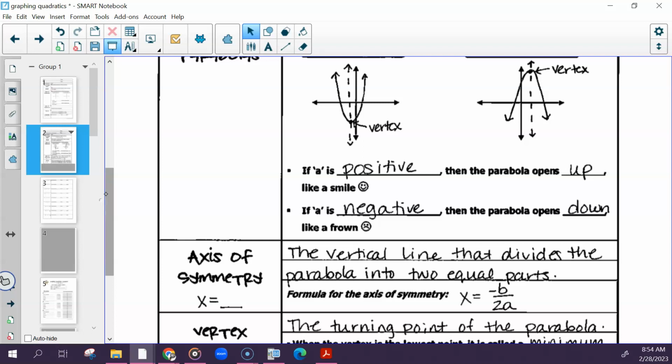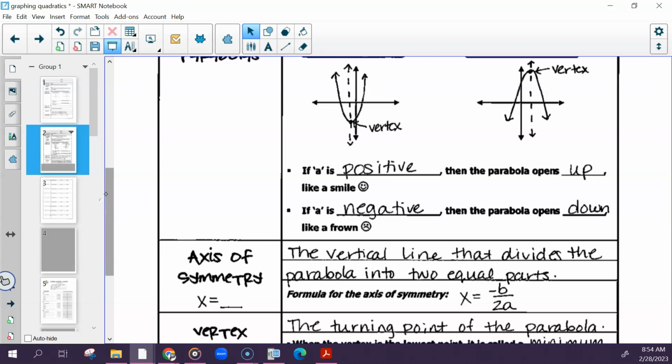Make sure you draw the rough sketches to the best of your ability. If you just want to make like a U shape, that works.